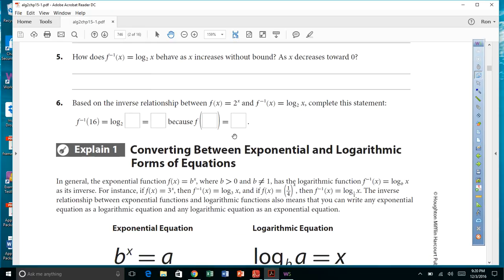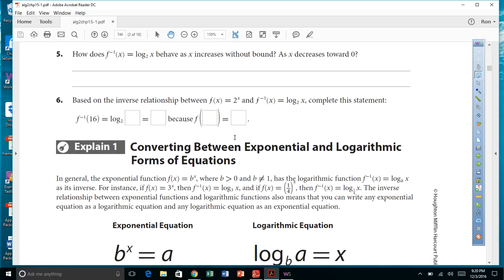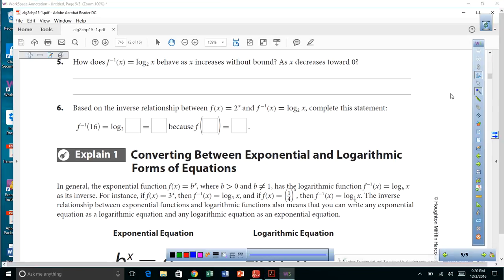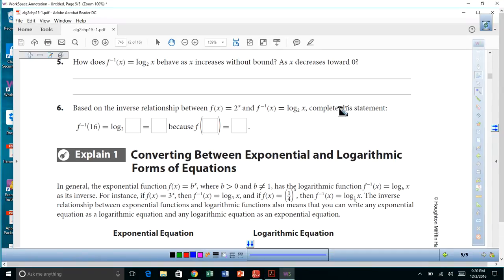And let's see. How does the inverse of f of x equals log base 2 of x behave as x increases without bound, and as x decreases towards 0? As x approaches positive infinity, the inverse of f of x approaches positive infinity.